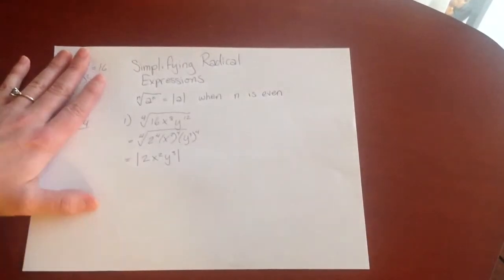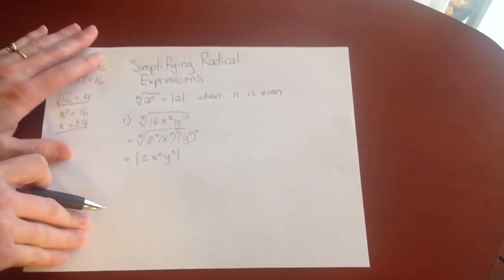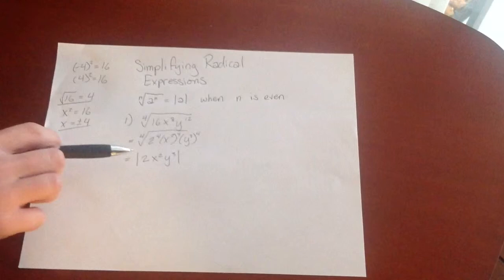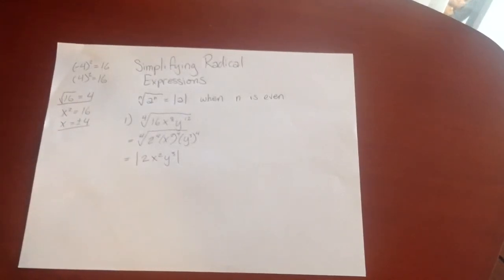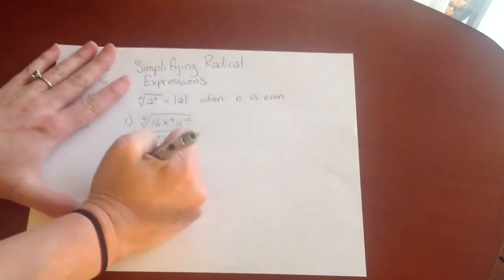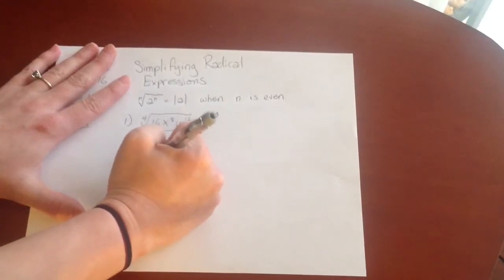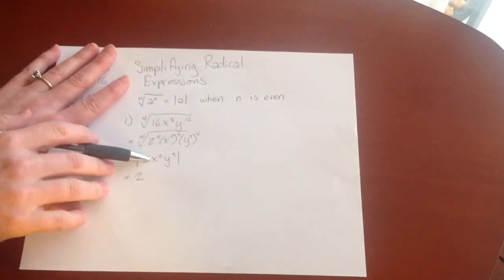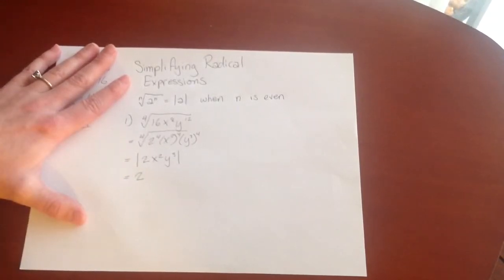This is close to the answer, but we're not quite there, because if we're simplifying, we want it to be fully simplified. So we have to think of what we can pull out of this absolute value, and that would be positive numbers. Since 2 is positive, the absolute value of 2 is 2. And x squared: if x was negative, negative squared is positive, and if x was positive, positive squared is positive.